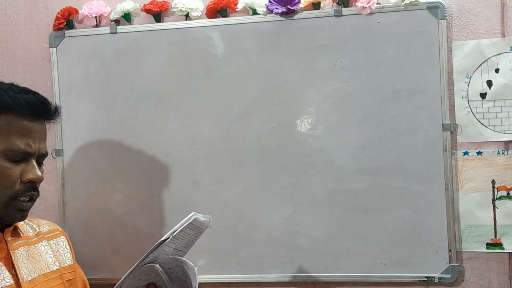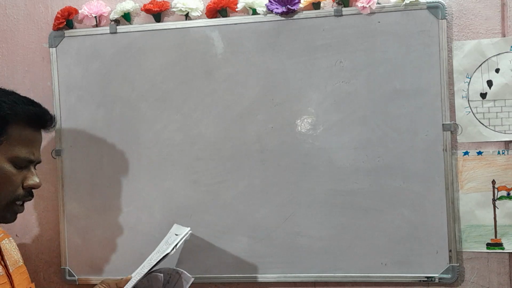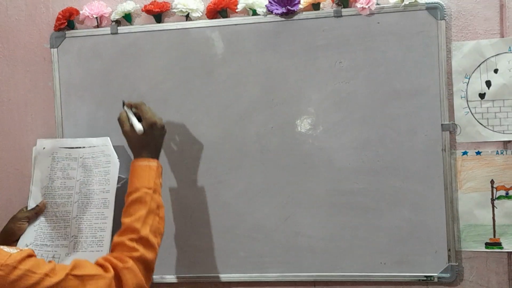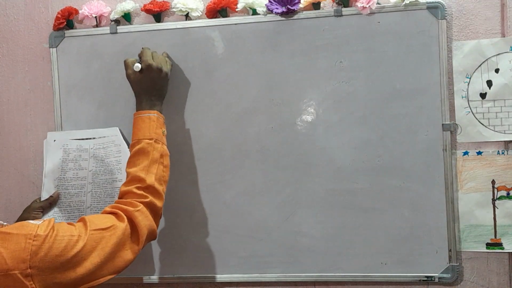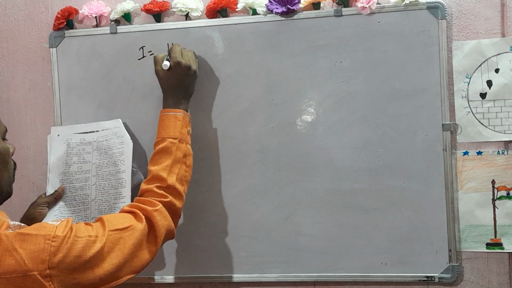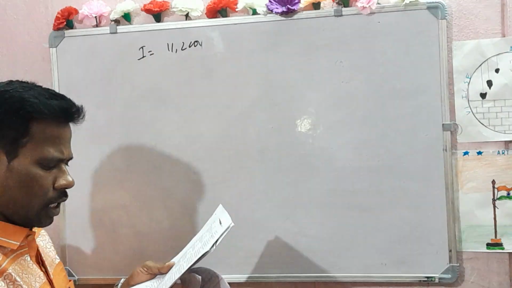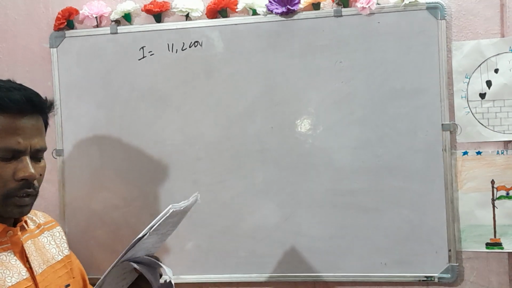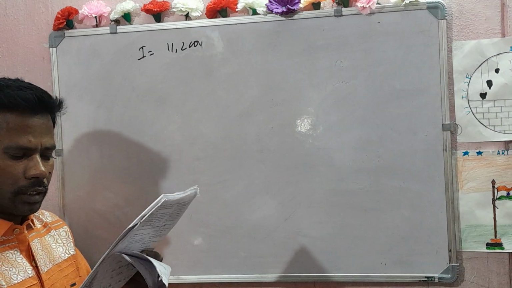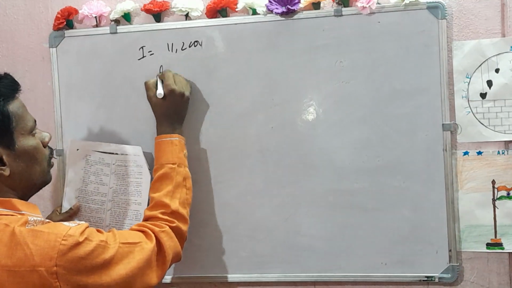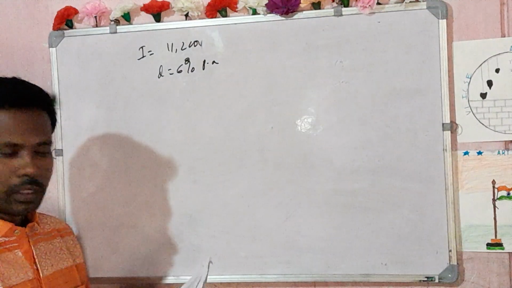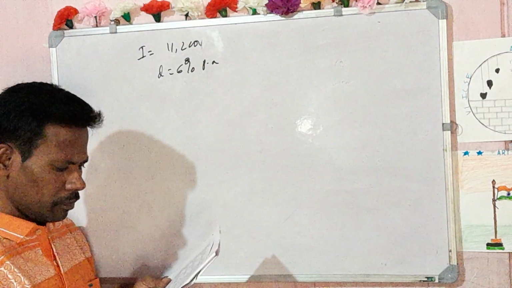So a man invests 11,200 in a company paying 6% per annum. Investment is equal to 11,200. So he is investing 11,200 in a company paying 6% per annum. That is nothing but dividend is equal to 6% per annum.